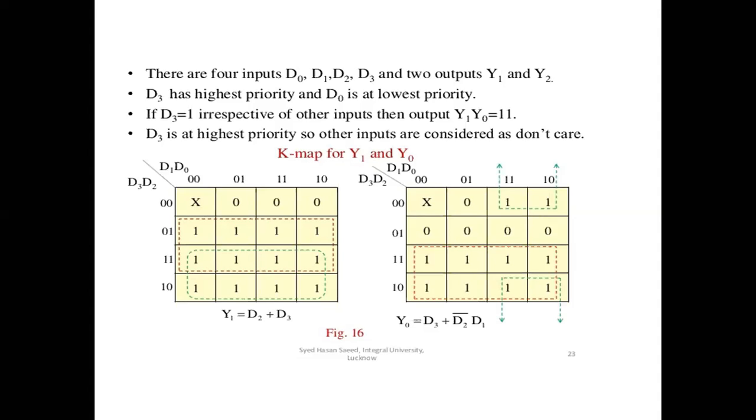multiplexers and demultiplexers. A multiplexer is a combinational circuit that selects binary information from one of many input lines and directs it to a single output line.